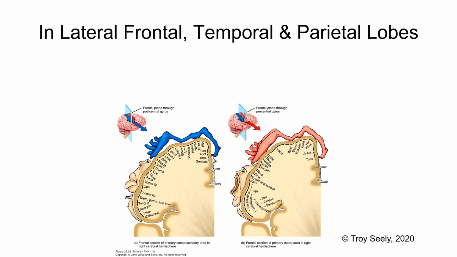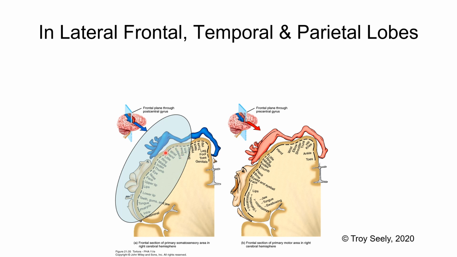So again, we're coming around to the homunculus and appreciating that the middle cerebral artery affects the lateral frontal, temporal, and parietal lobes. In contrast to the anterior cerebral artery, we're no longer in this region that's compromised, but out to this region.